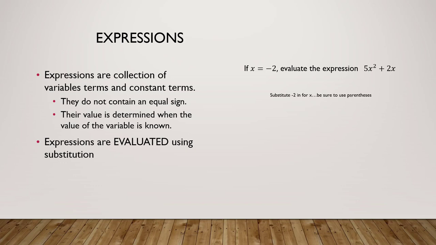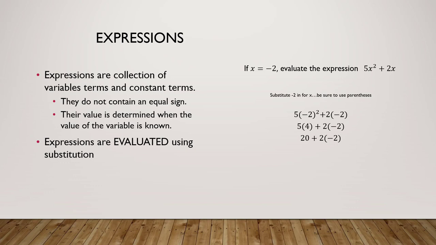So what we're going to do is substitute -2 in for x, being sure to use parentheses. This gives us 5 times the quantity -2 squared plus 2 times the -2. Using the order of operations, that gives us 5 times 4 plus 2 times a -2. 5 times 4 is 20.